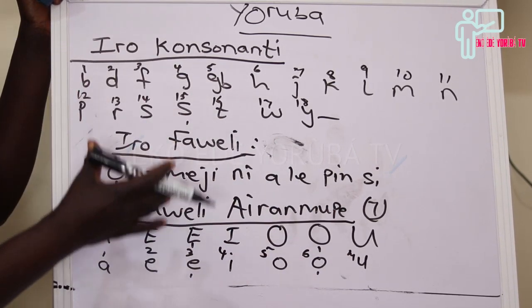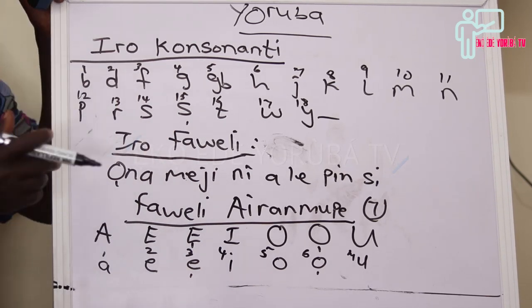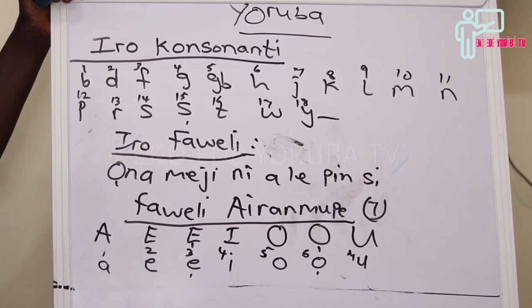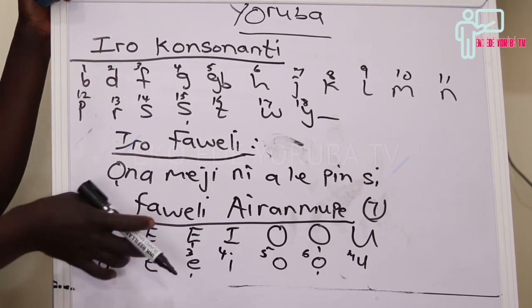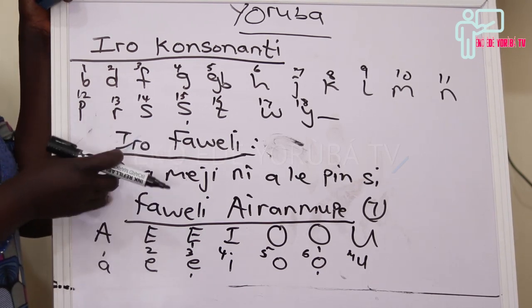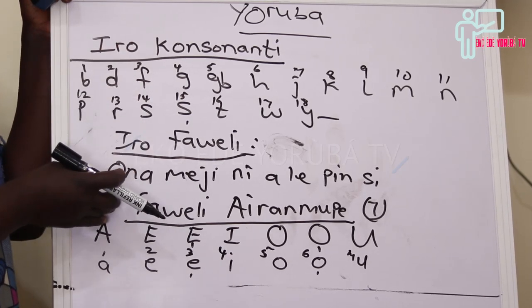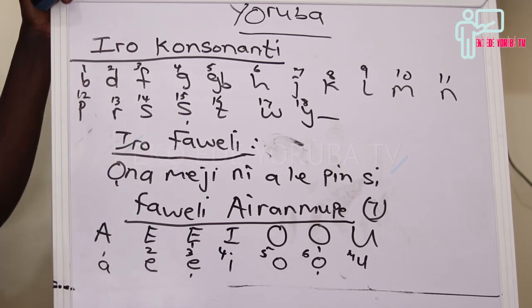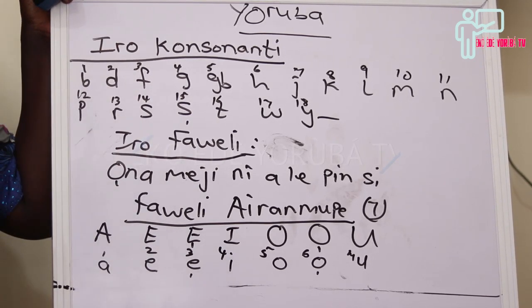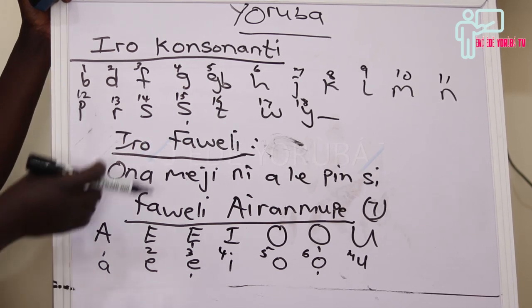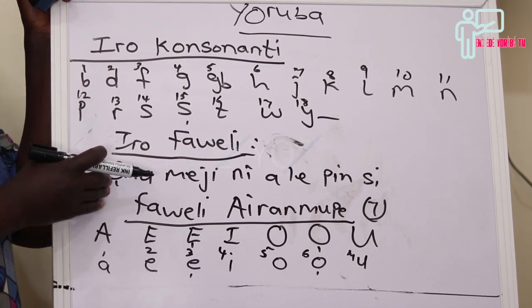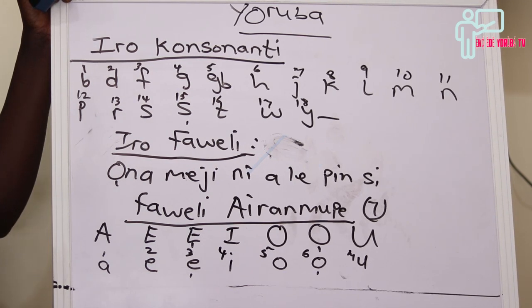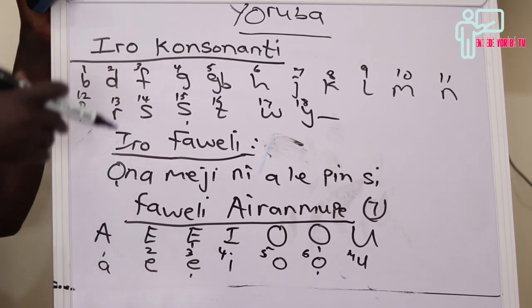So we still have the one we call Faweli Àìránmúpè. So that is why I told you that we have 2 types of vowel in Yoruba. It's also in English. So when you get your dictionary, these are the dictions in Yoruba also.